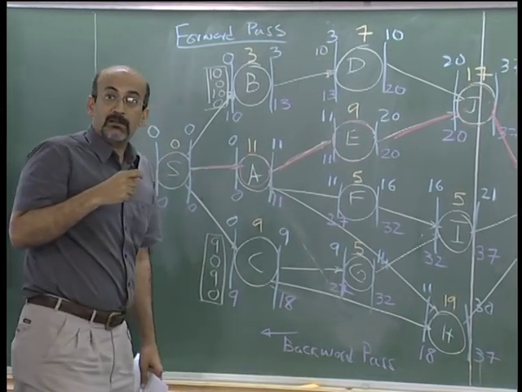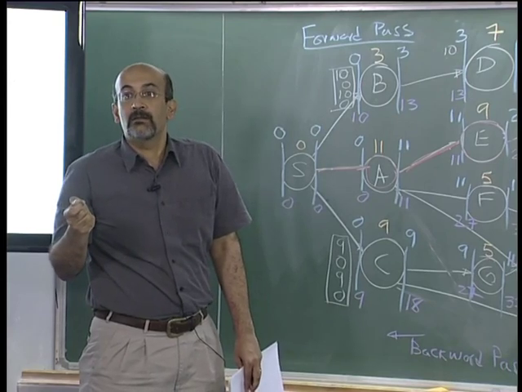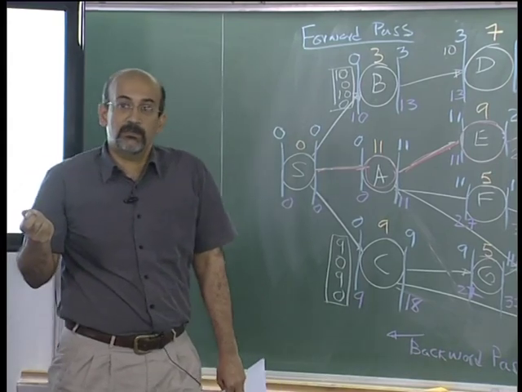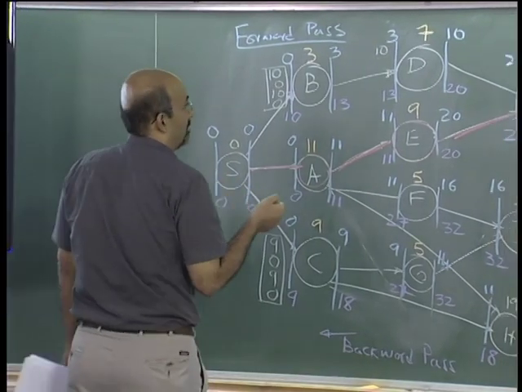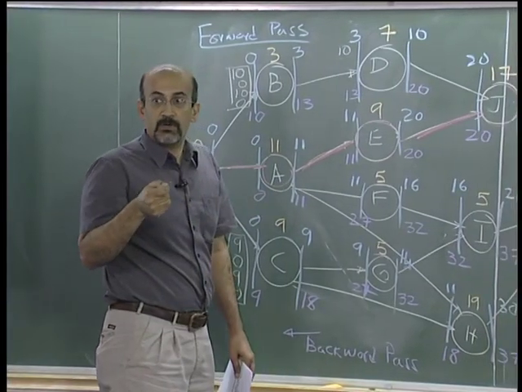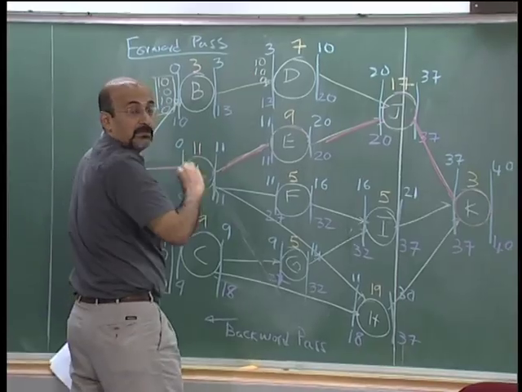The minute I start using up the total float of B, D's total float also gets used up. So total float, like we discussed last time, is a shared float. Free float is not shared. So D has a free float of 10, interfering float 0, independent 0.